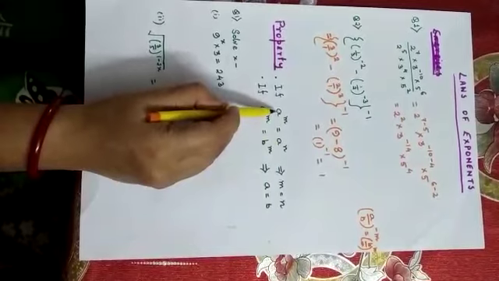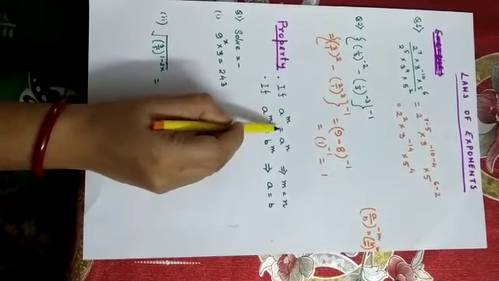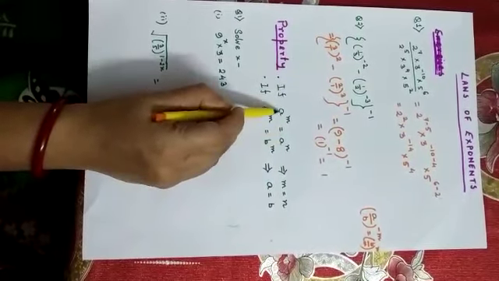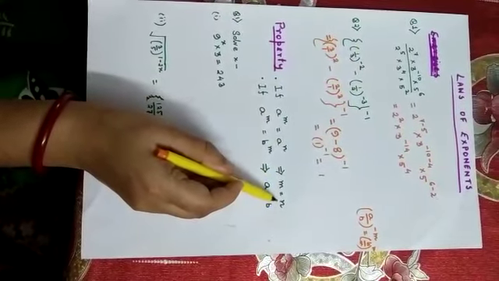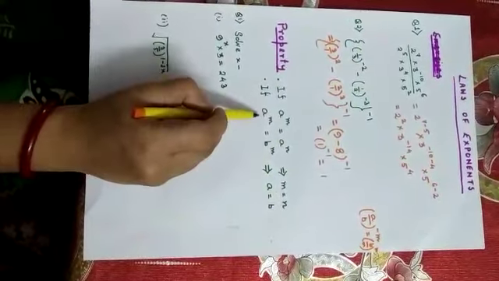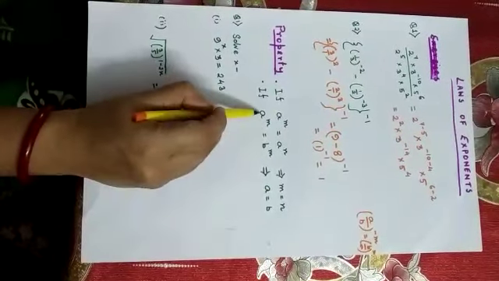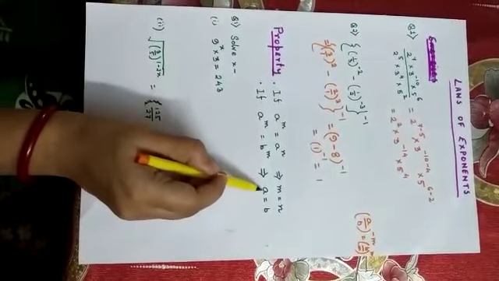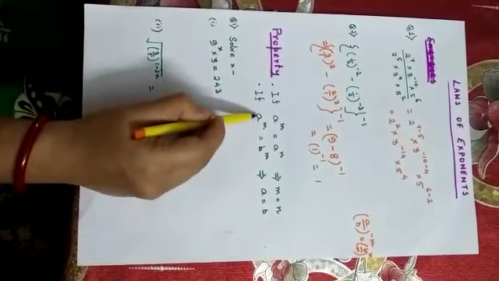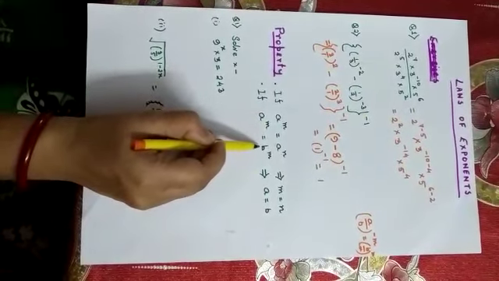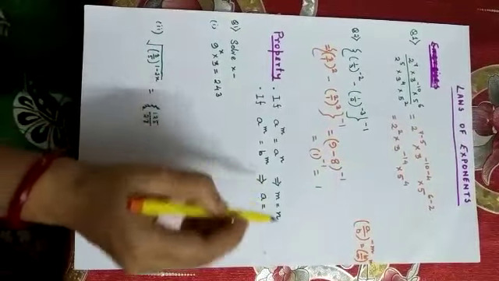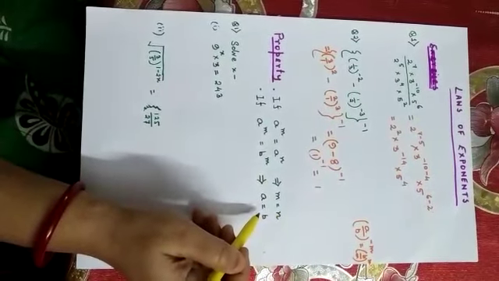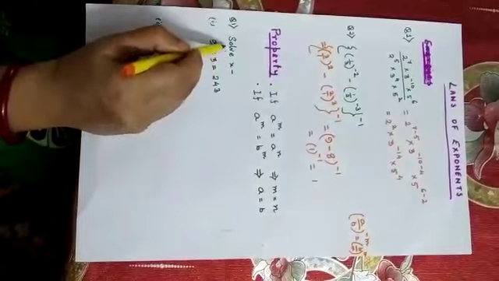For example, if a to the power m equal to a to the power n, bases are same, that means m equal to n. And vice versa, if the powers are same but the bases are different, that means the bases are same. a to the power m equal to b to the power m, which means a equal to b. With these two useful properties, we can solve some equations.